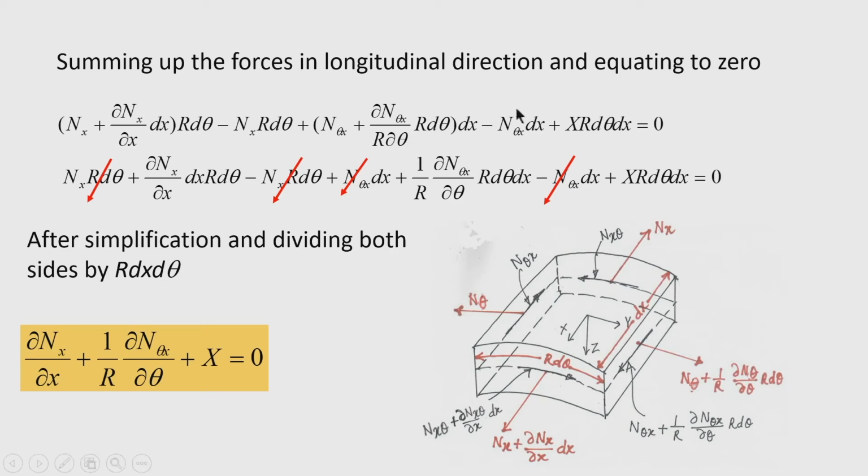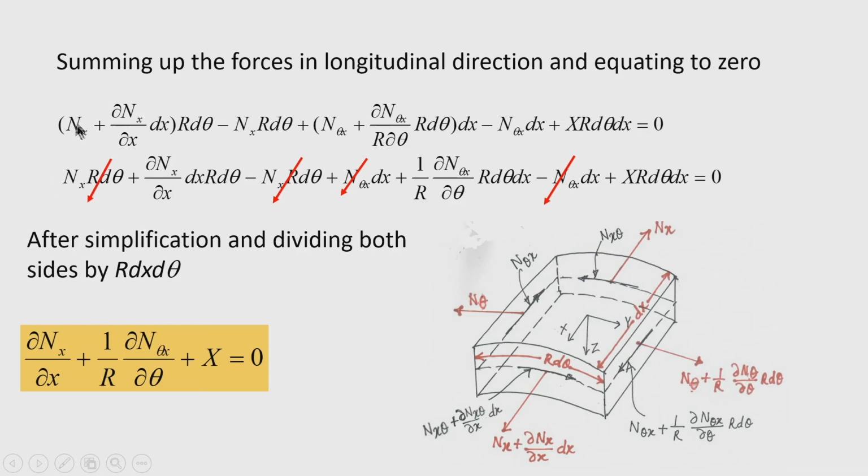Okay. Then on the opposite edges, you are seeing that n theta x. Component of the load along the x direction is x, and the area of the surface, middle surface is r d theta into d x. So, total load on the element is x r d theta into d x, and it is equated to 0 to establish the equilibrium.